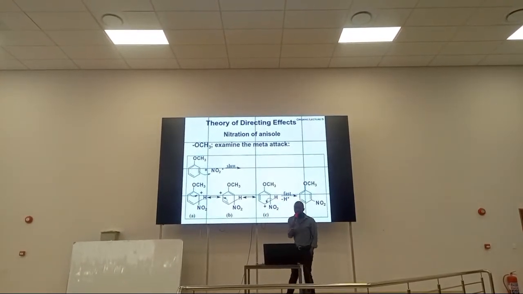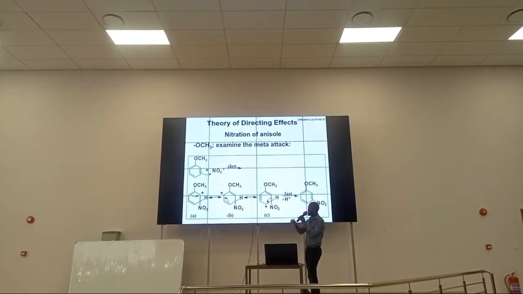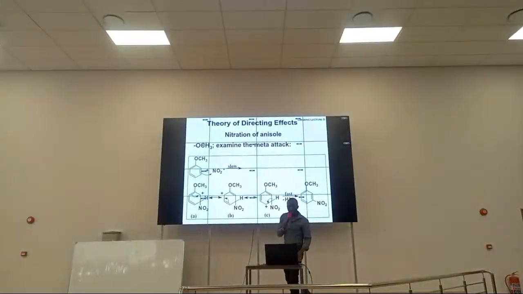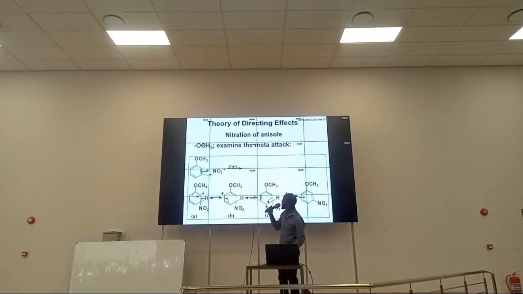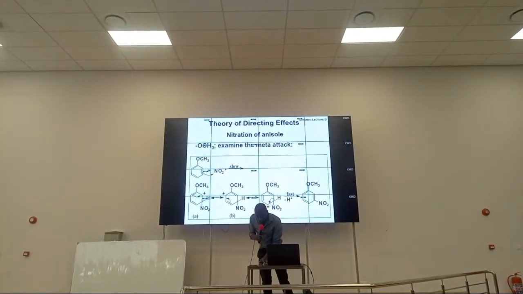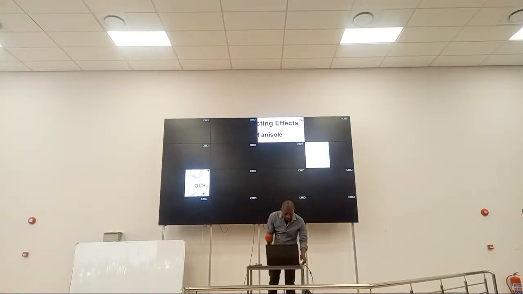So you see that this is a normal step that you are familiar with: the pi bond of the benzene ring breaking up. So let me just try to sort this out.